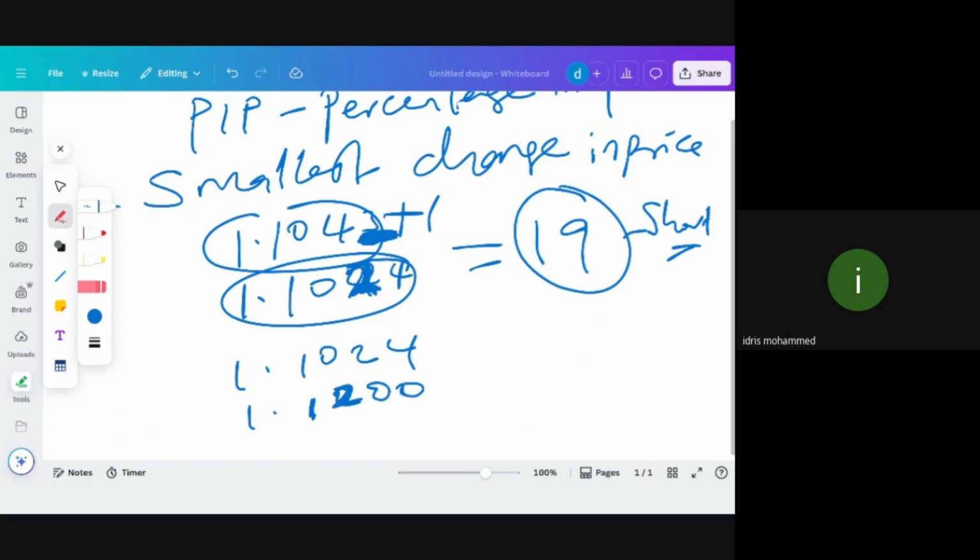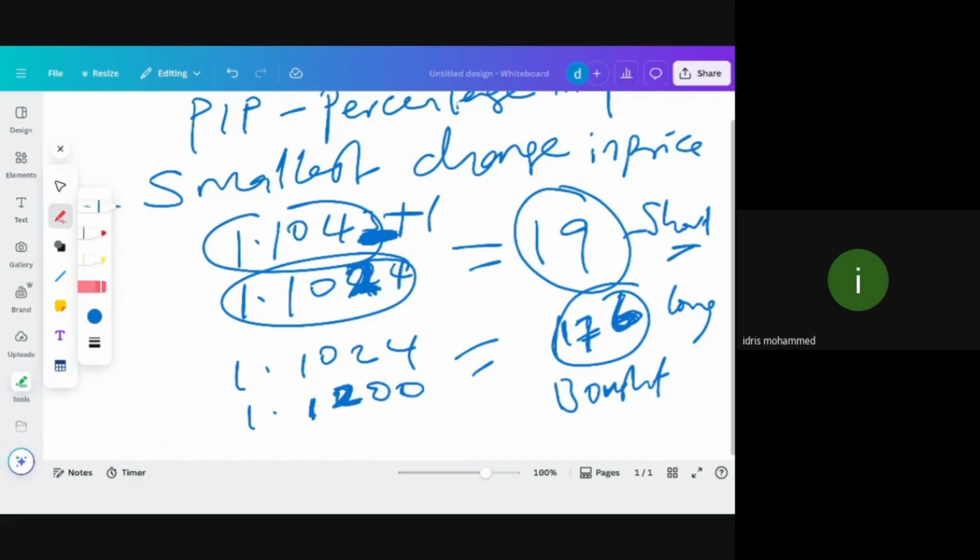That's 176 difference. What's the move? That's long. That means it moved 176 long, meaning it bought for 176 pips.